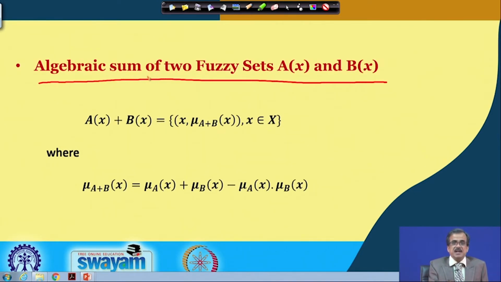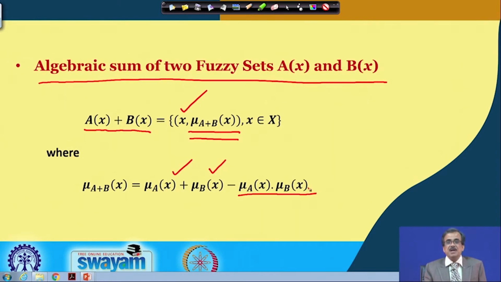Their algebraic sum A x plus B x is nothing but x, such that it has got the membership value mu A plus B x, and x belongs to capital X, where mu A plus B x is nothing but mu A x plus mu B x minus mu A x multiplied by mu B x.